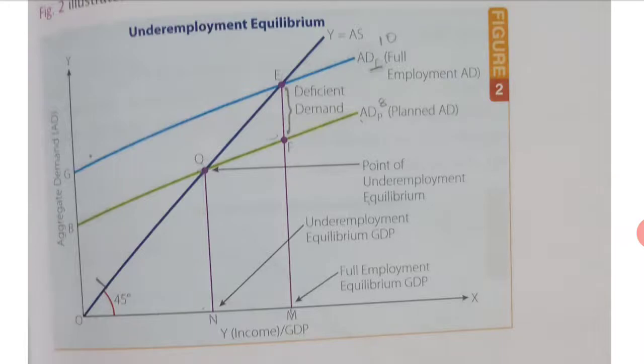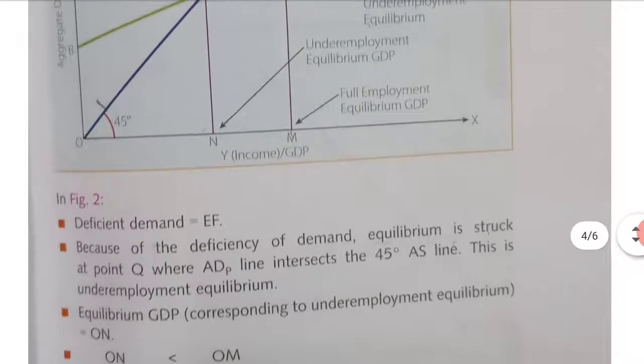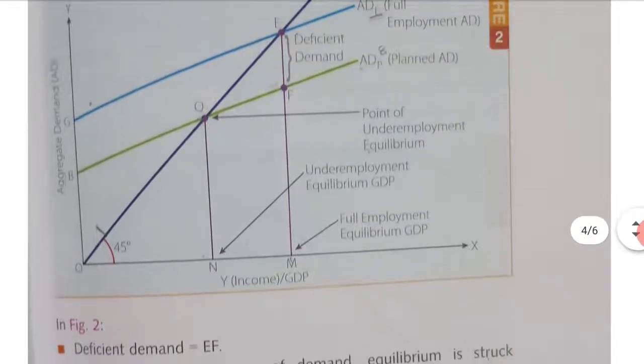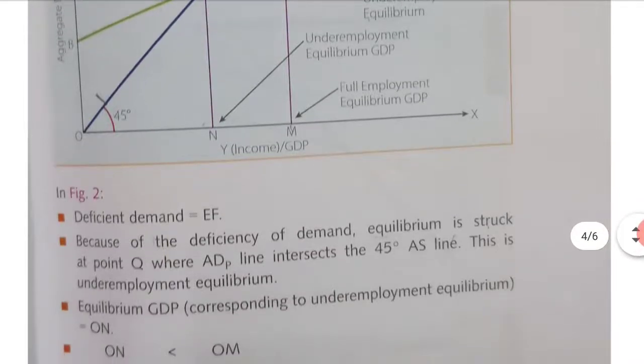That you should note. Here deficient demand is given by EF. Because of the deficiency of demand, equilibrium is struck at point Q, where the ADP line intersects the 45-degree AS line. This is the underemployment equilibrium.